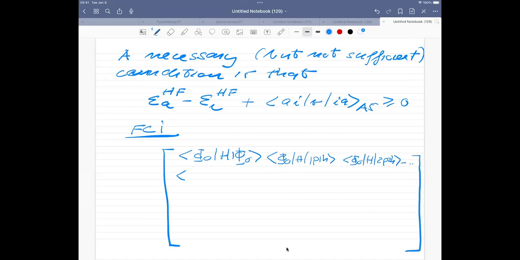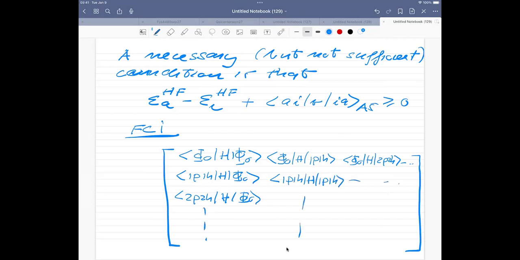And if we have a two-body interaction, all terms beyond the third one here are 0. This is the one particle, one hole block. We have the two particle, two hole block, H of phi 0. Here we have a one particle, one hole block. This continues all the way down here.